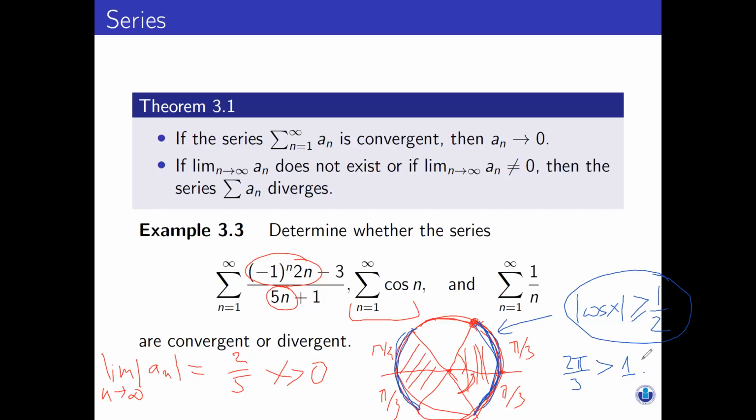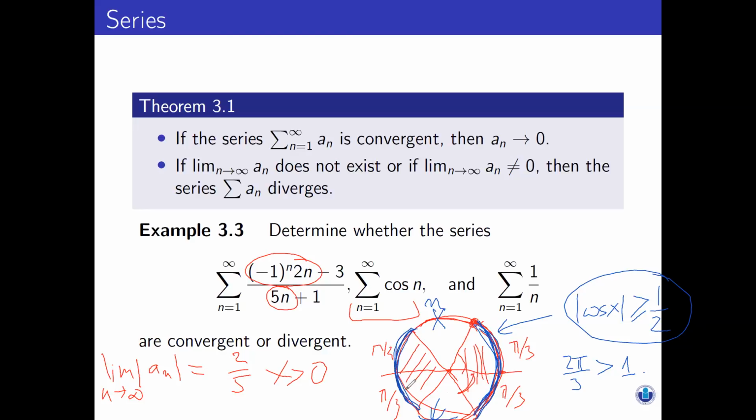So n must frequently lie on these two arcs. Let's say n lies here, then n plus 1 must be inside here. It cannot jump over all the way down here, because the length here is bigger than 1. So very frequently n has to lie on these two arcs.